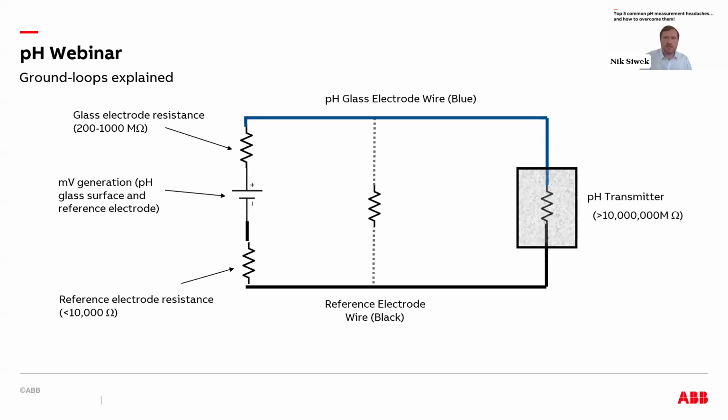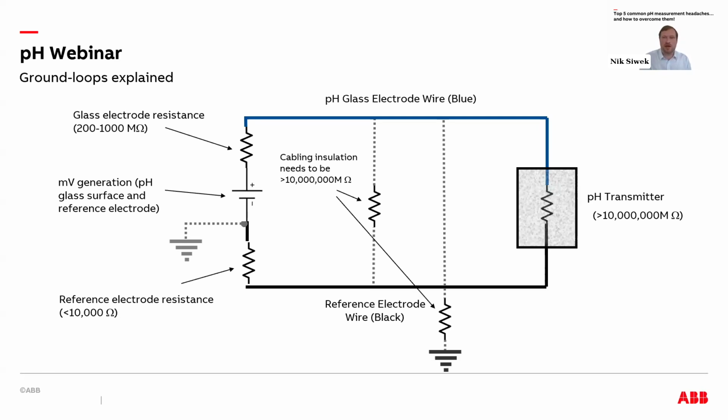The insulation between the glass wire and the reference wire has to be at least greater than 10,000 megohms, just to ensure the drop of millivolts is across the transmitter and not being leaked out to ground. And because the process is grounded, you want to avoid any grounding situations, especially between the glass wire or the reference wire, because any leaks to ground from those two wires can contribute to grounding points, and that creates a deviation in reading.